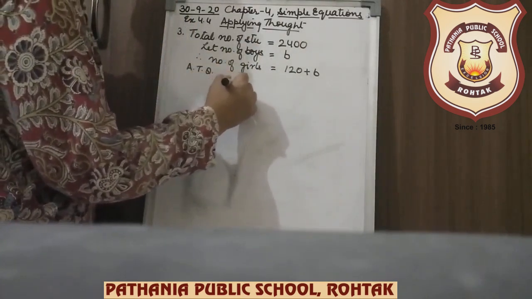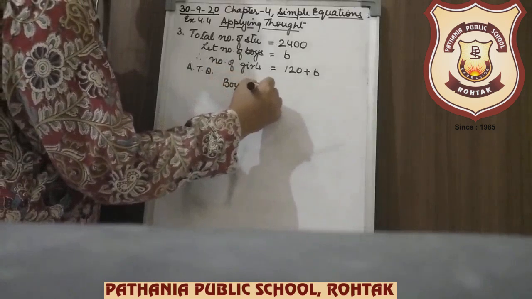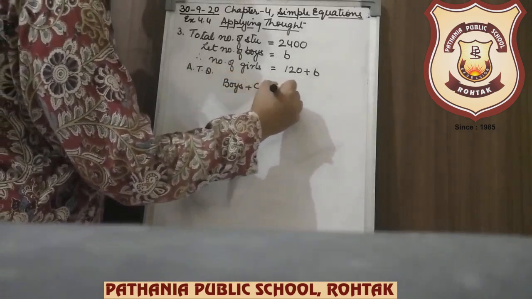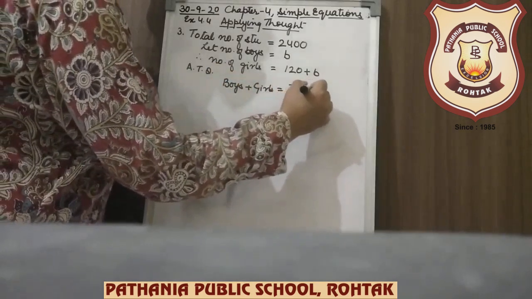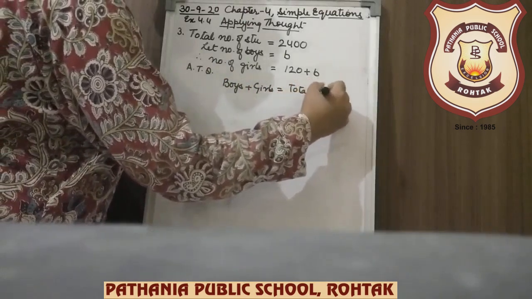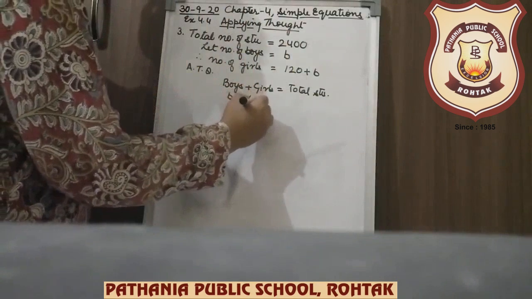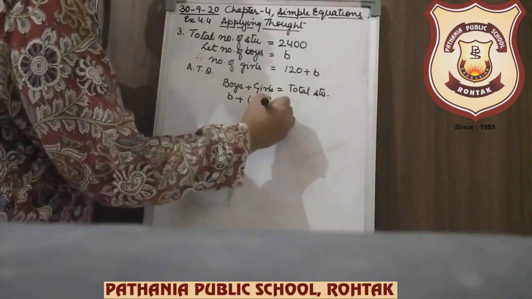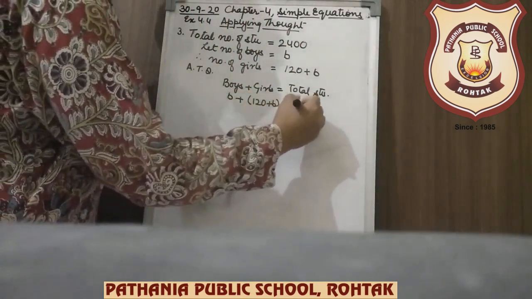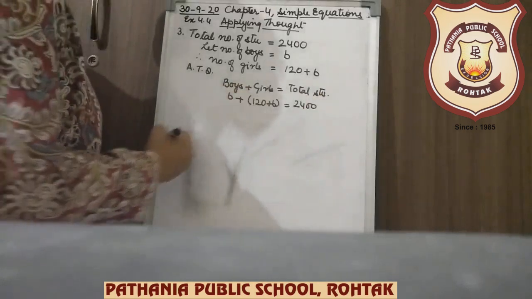So now according to the question, boys plus girls is equal to total students. So how many boys? B. Girls are 120 plus B, and total students are 2400.